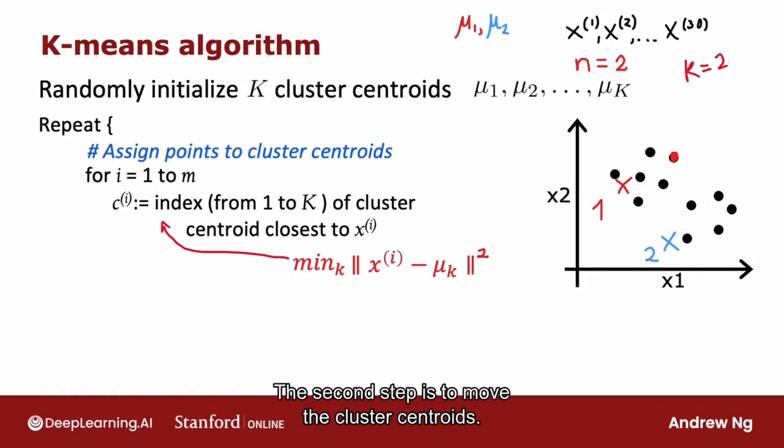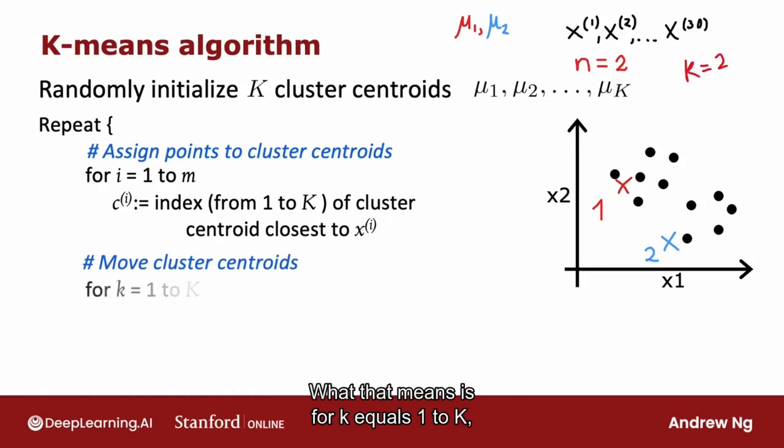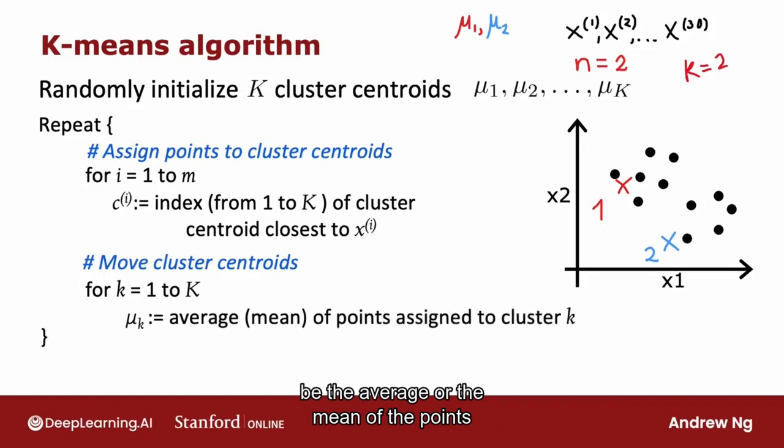The second step is to move the cluster centroids. And what that means is for lowercase k equals 1 to capital K, the number of clusters, we're going to set the cluster centroid's location to be updated to be the average or the mean of the points assigned to that cluster k.